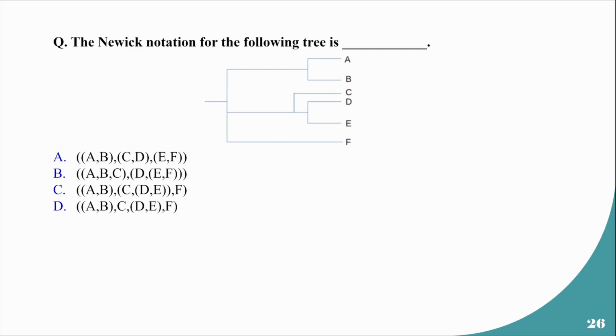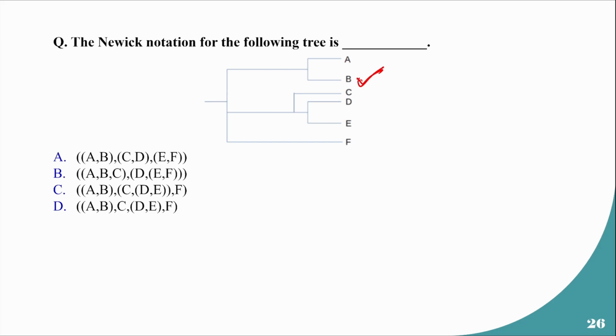In phylogenetic tree construction, after constructing the tree, the trees are represented by some notations. Here the Newick notation is mentioned, and let's say you have this constructed tree.